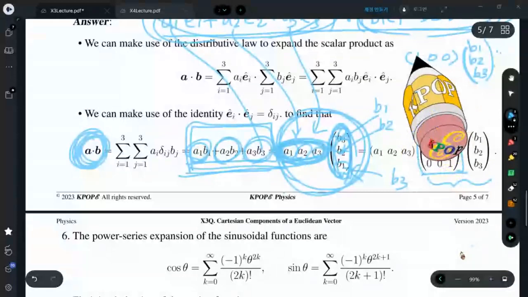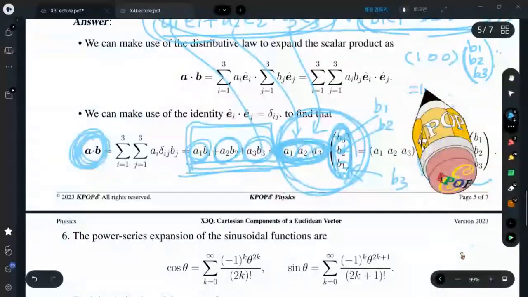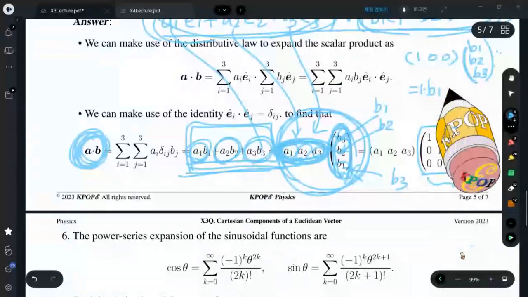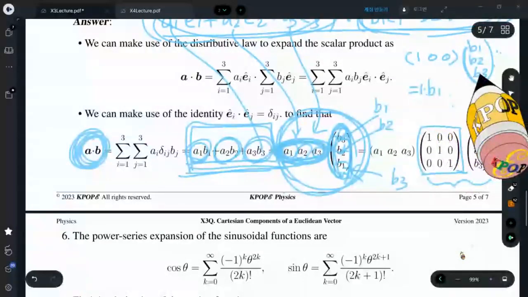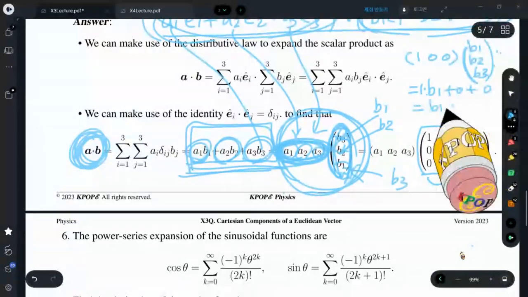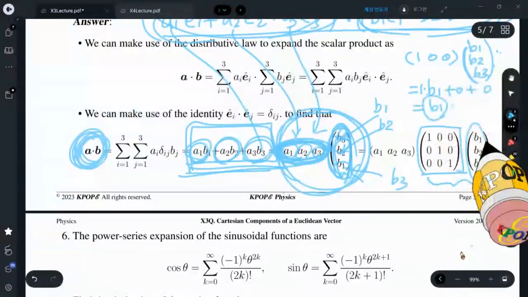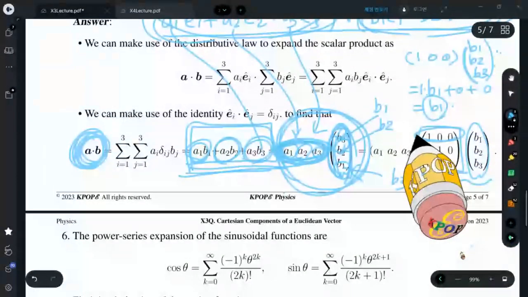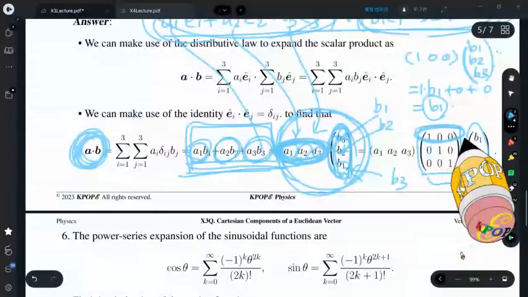Multiply the first, 1 times B1. Second, 0. Third, 0. So plus 0 plus 0. So this is B1. Aha. If I multiply here, I would get B1.